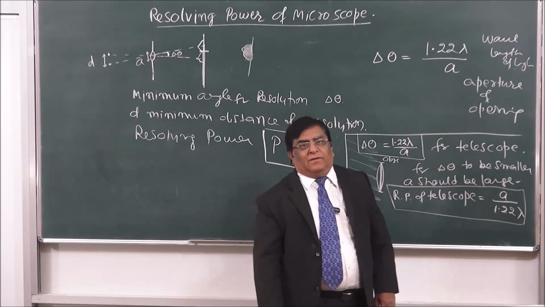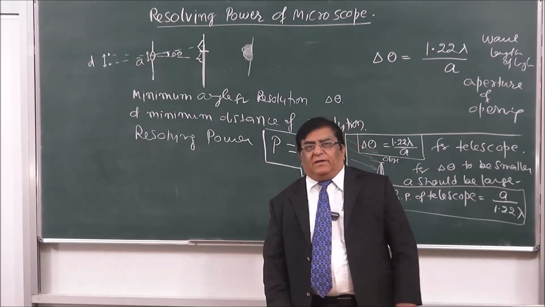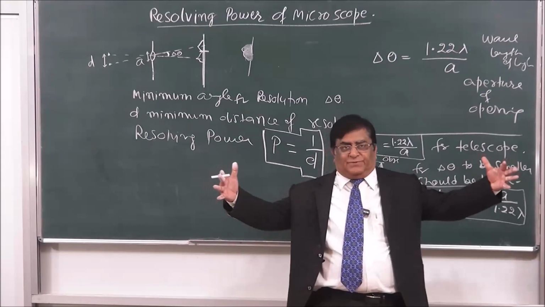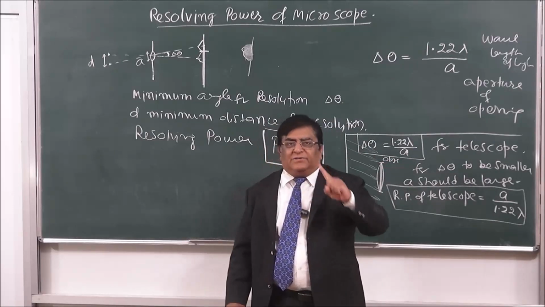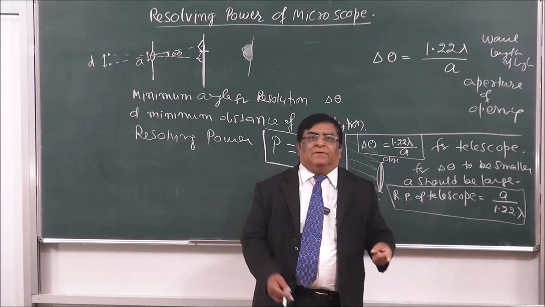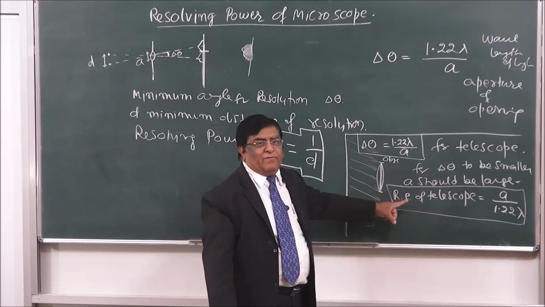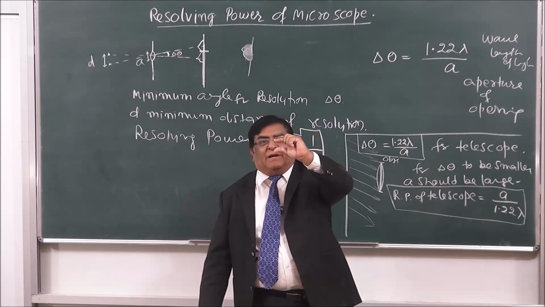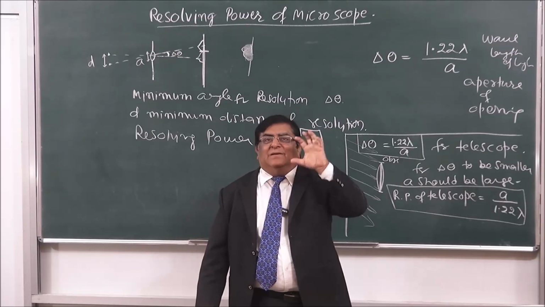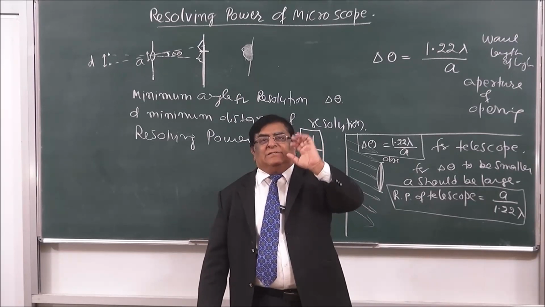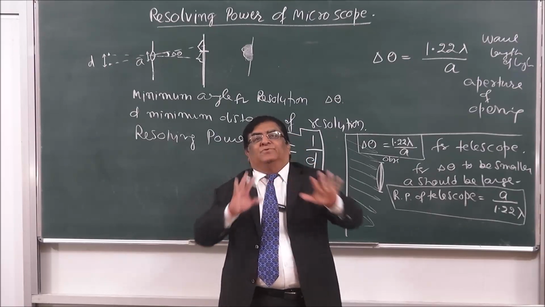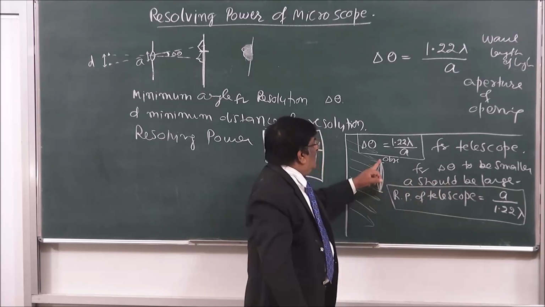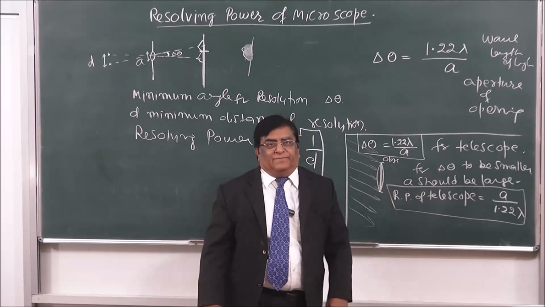That is why it's a very famous question, why objective lens of a telescope is kept very large. Answer: larger is the aperture, more is the resolving power, and we can see all the spots of the star separated. Otherwise, we will see a smudge, that is all overlapping, mixed up together. If we want to see them separate, then aperture should be large as possible.